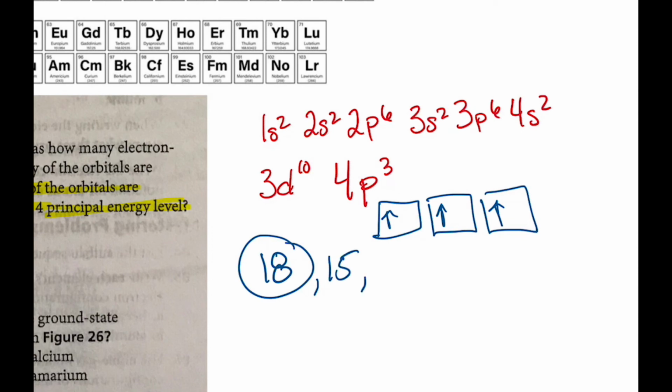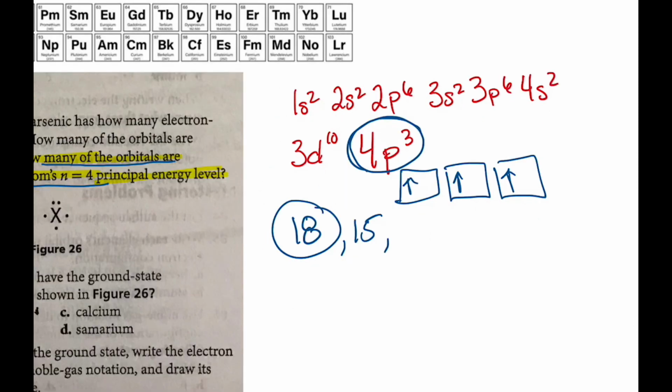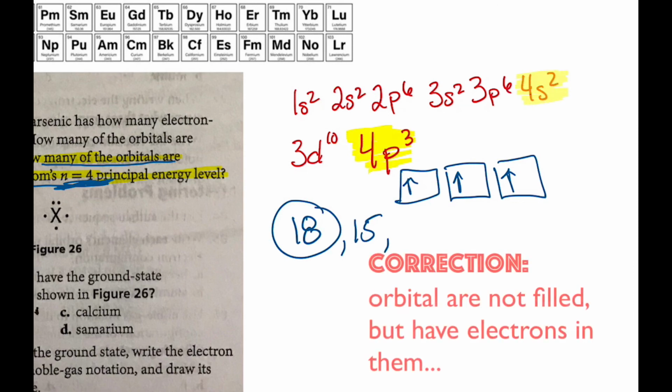Now the last part, how many orbitals are associated with N4? Okay, how many orbitals? So this fourth energy level, what I'm doing is looking for all the orbitals that have principal energy level number 4. So I'm going to highlight them. Here's 1, principal energy number 4, and then here's another one, and that's the only 2.